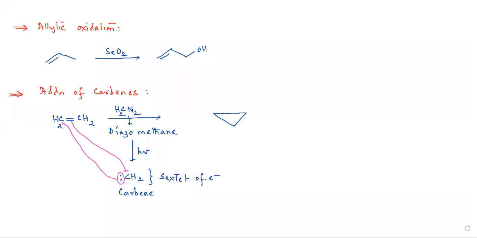Now, see when carbene is added, it gets connected to the double bond. I mean an alkene across the multiple bond. This is how it gets connected. Look at this. This is the CH2. Okay.